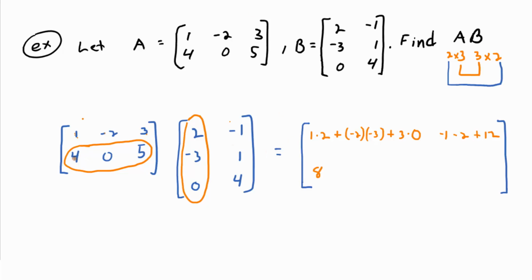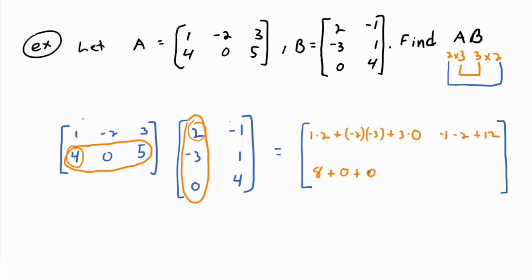Everybody see where that's coming from? This 4 right here times this 2. What's the next one? Plus 0 times negative 3 is 0. Plus 5 times 0 is 0.